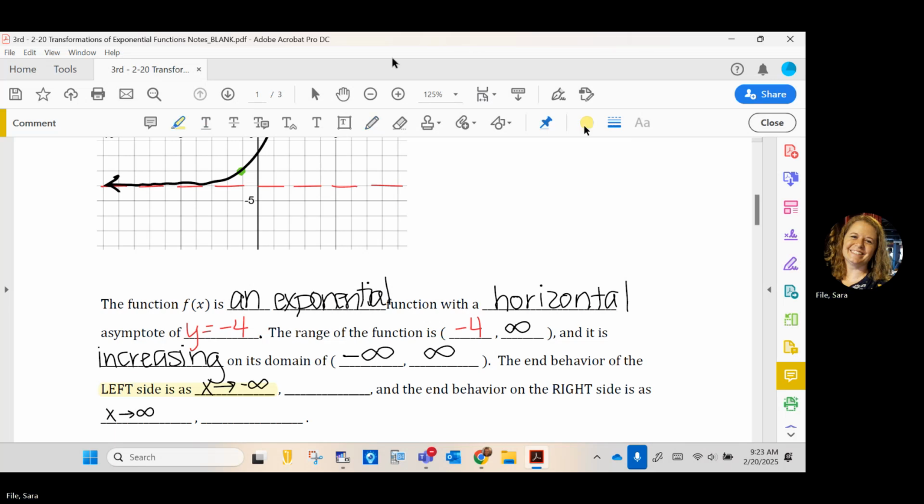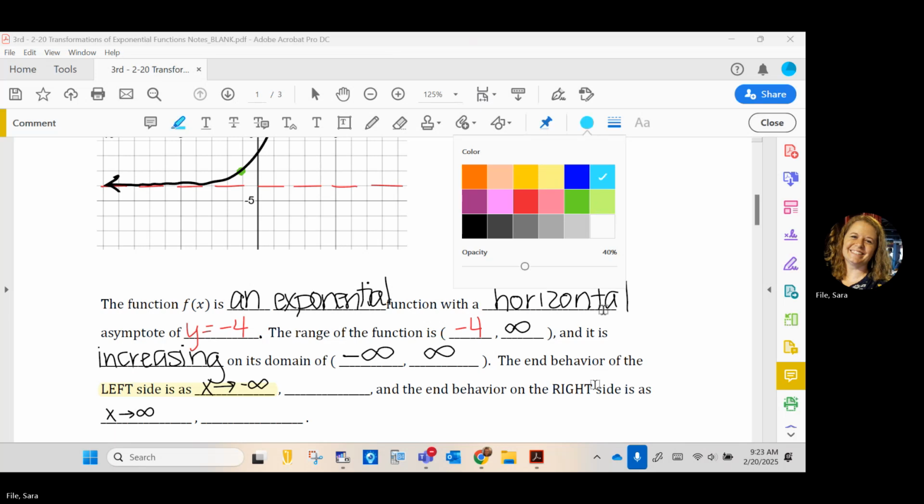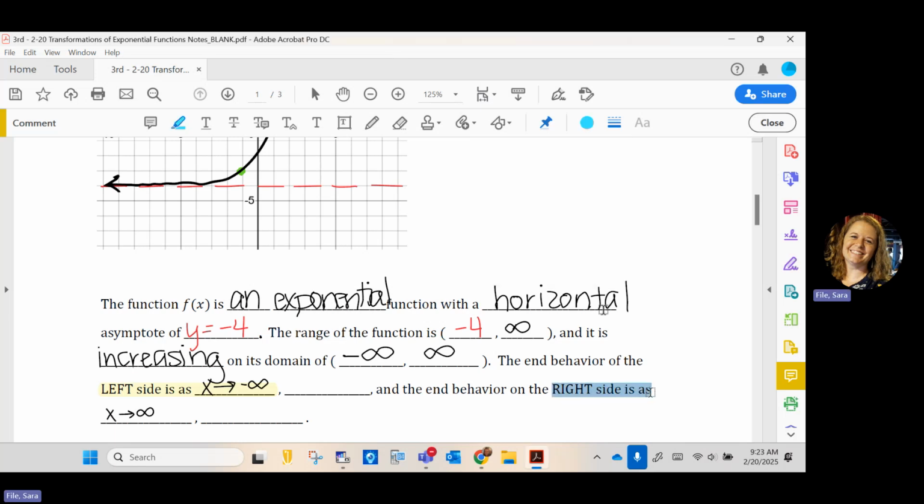Okay. So the right side is written as this. So x approaches negative infinity means left. x approaches infinity means right. Because that's how the x-axis goes. Left is negative infinity, right's infinity.